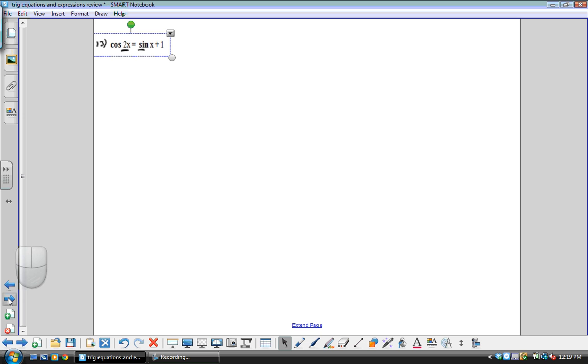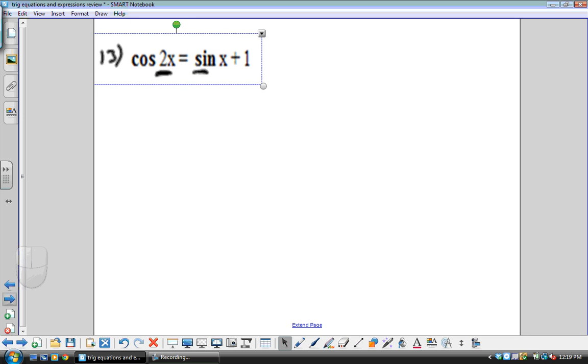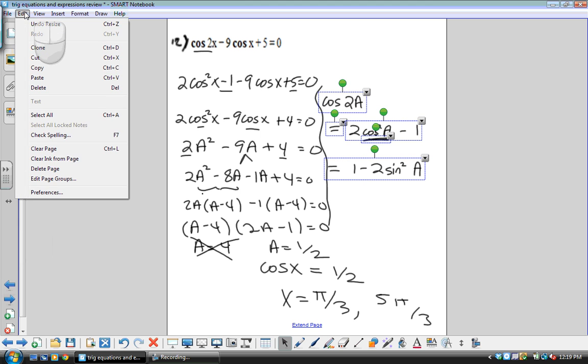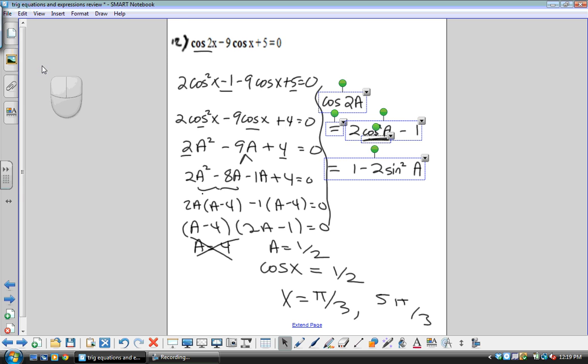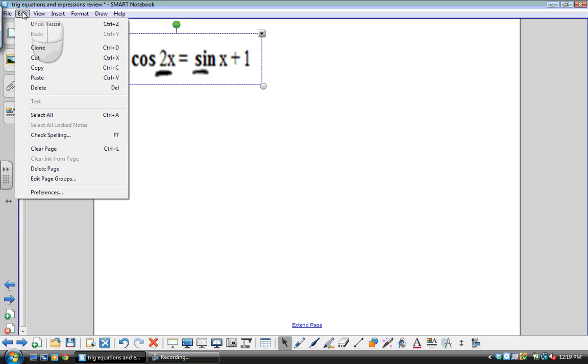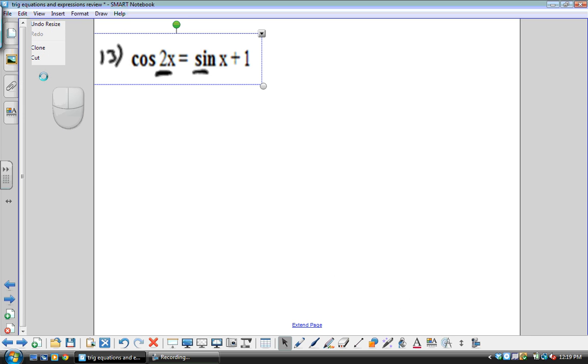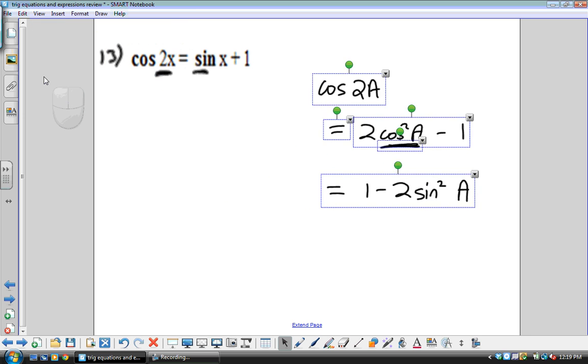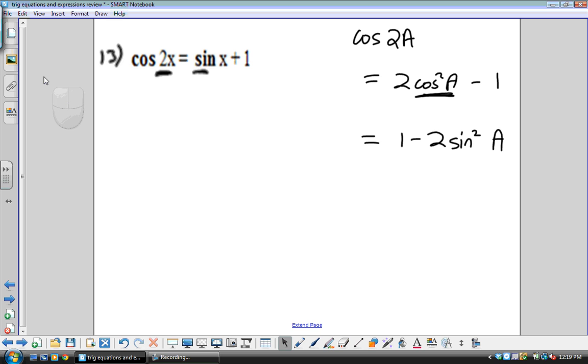All right, on 13, now there again we've got cosine 2x. I'm going to copy these formulas over here. So in this case, again, it's just a double angle for cosine, but this time we're going to use this one.